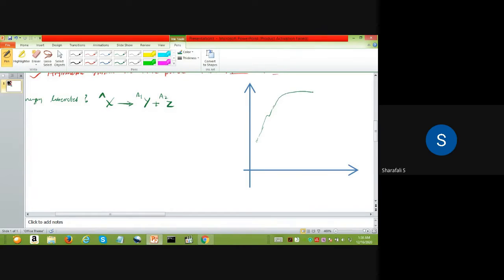So on an average, you can plot it like this. Okay, so somewhere here you have that A value. Let's take some A value here.